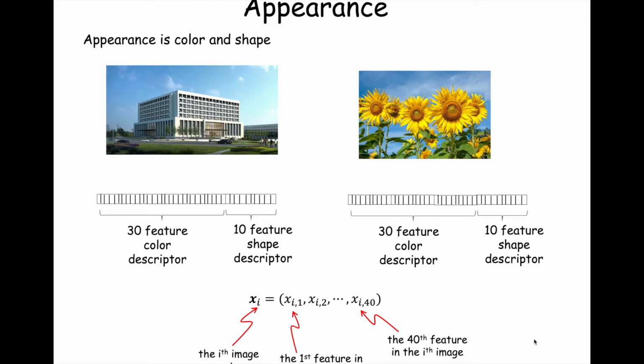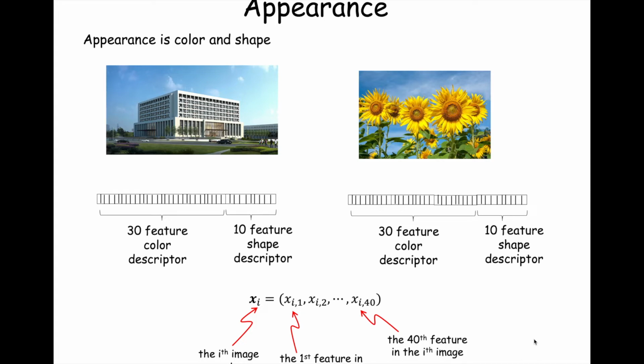And so mathematically, we have the ith image vector x sub i, and you notice here with this notation, on the right-hand side of the equality here, we have a tuple, and so the order matters. The first position is the first feature, second position is the second feature, and then that last position is that last feature. So you see here in the index, the subscript here for each feature, for the ith image, and you'll notice here the features are not in bold, right?